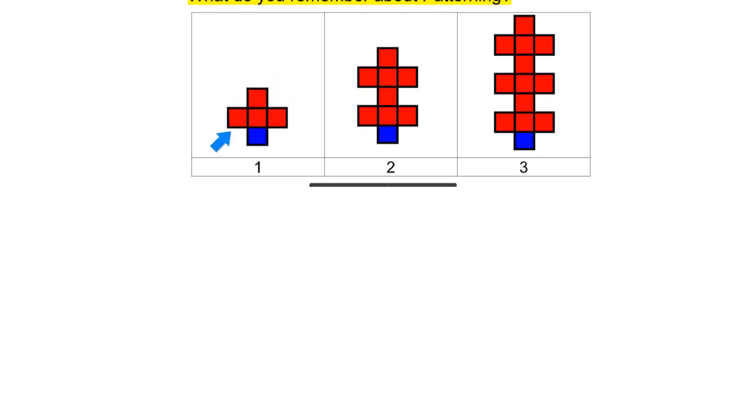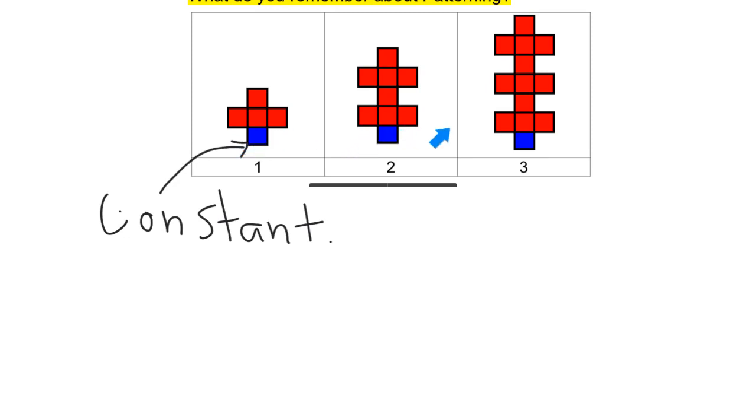We're working with tiles. As you can see, we have red tiles and blue tiles. The blue tile is what we call a constant, and it stays the same for every single term.